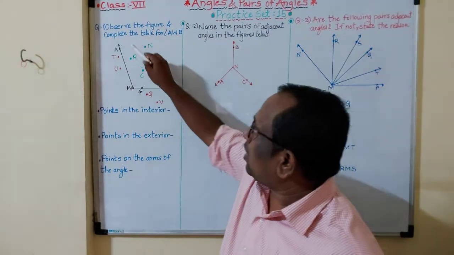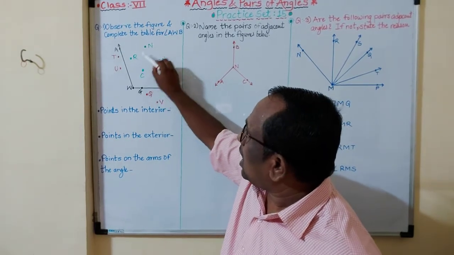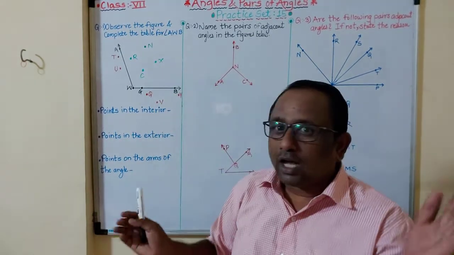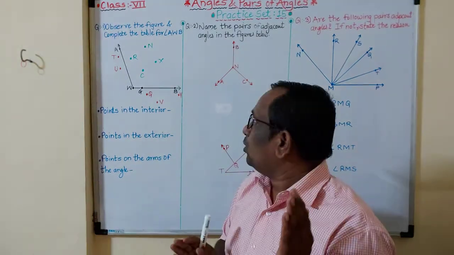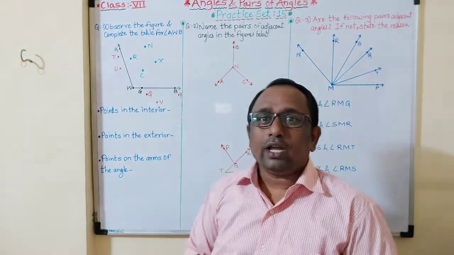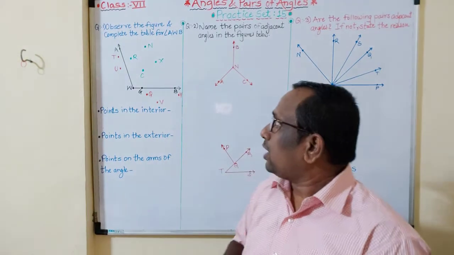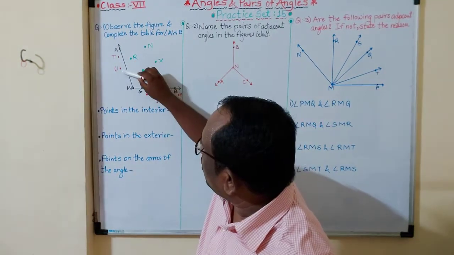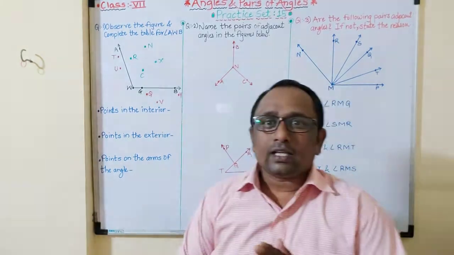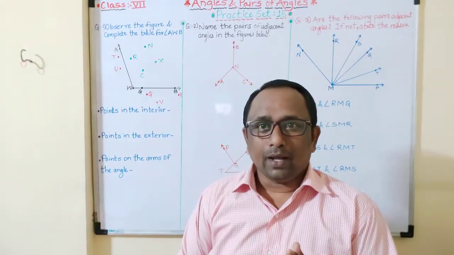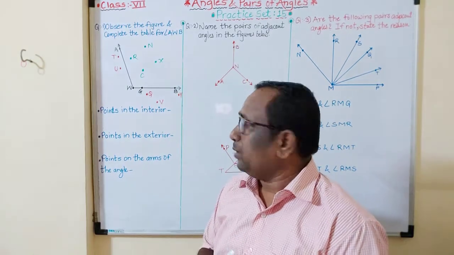Now these points R and X, C, these are in the interior plane of the angle AWB. So these points are called interior points. Now point T, point U, point Q, point V and Y are in the exterior of the plane of the angle AWB.